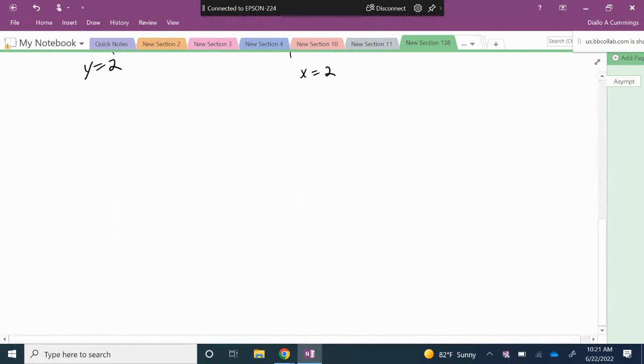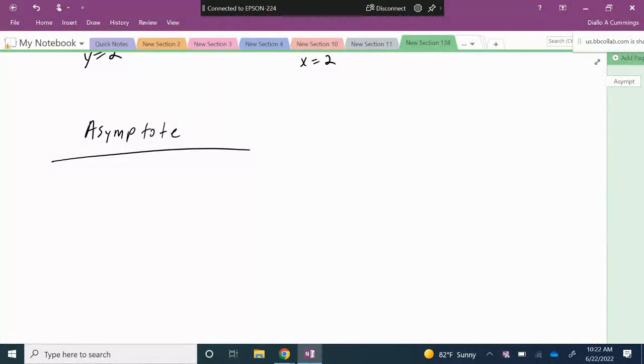Okay, next we're going to talk about an asymptote. We're going to talk about 3 types of asymptotes: vertical asymptotes, horizontal asymptotes, and slant asymptotes.